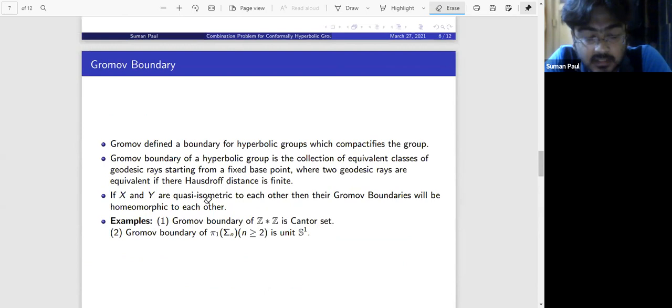If I take different Cayley graphs, they will be quasi-isometric, and the augmented spaces we construct will also be quasi-isometric, and their Gromov boundaries will be homeomorphic.